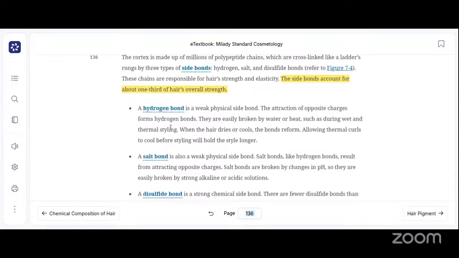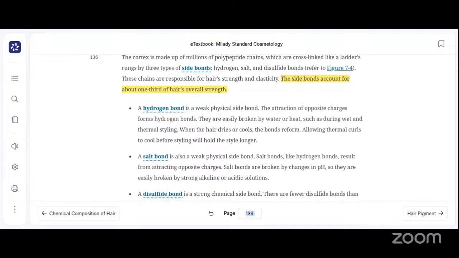It says a hydrogen bond is a weak physical side bond. And guess what breaks it? Heat and water. Say you have a roller set, you go to the shampoo bowl, you put water on it, and that roller set breaks down.